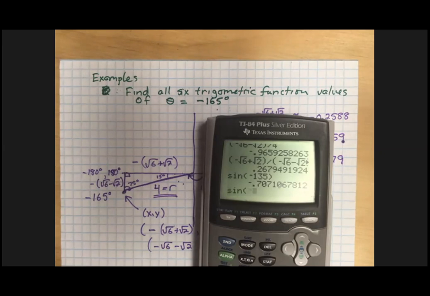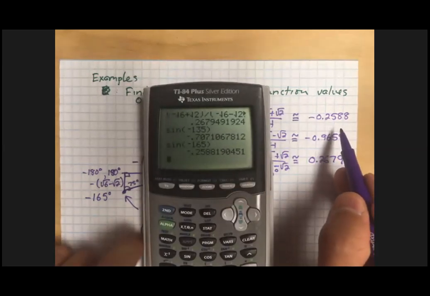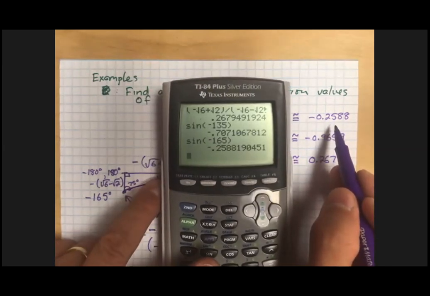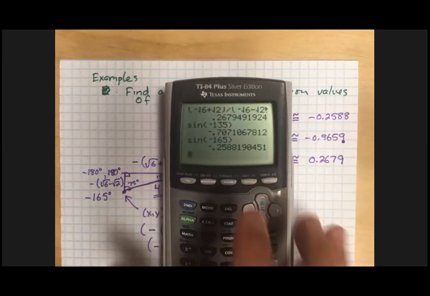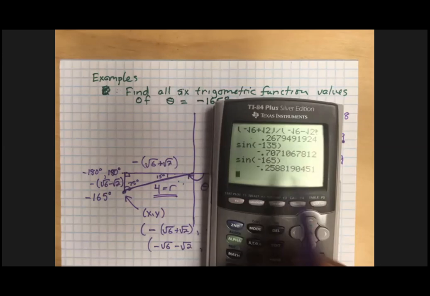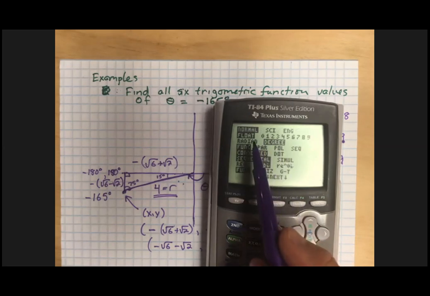Sine of minus 165 degrees. Notice it gives me that 2588 right there. So you could practice all of these. If you do that, make sure when you enter degrees that your calculator is in degree mode. So under the mode button, make sure you're using degree mode. We will talk about radian mode later, not in this section.